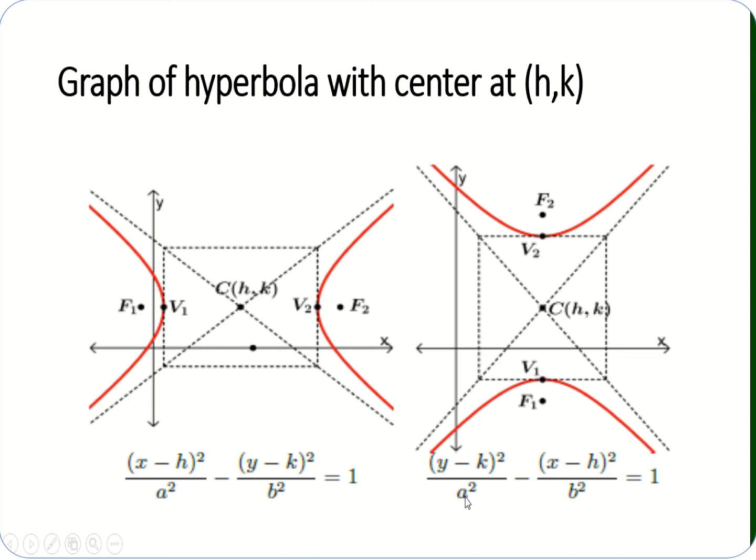And if vertical, y minus k squared over a squared minus x minus h squared over b squared equals 1.